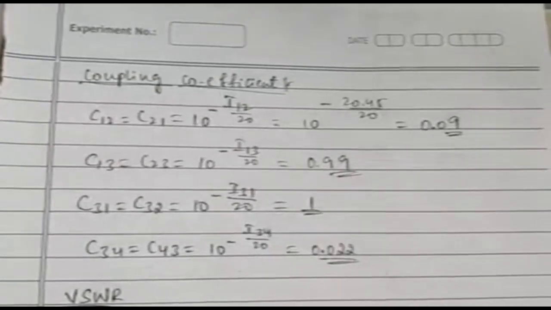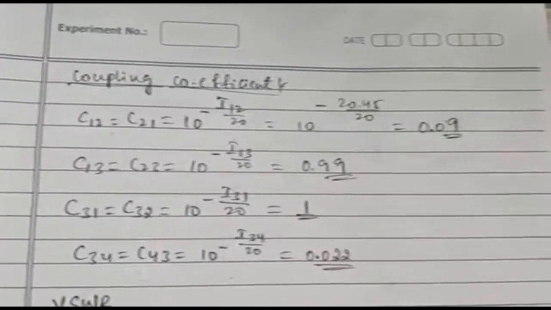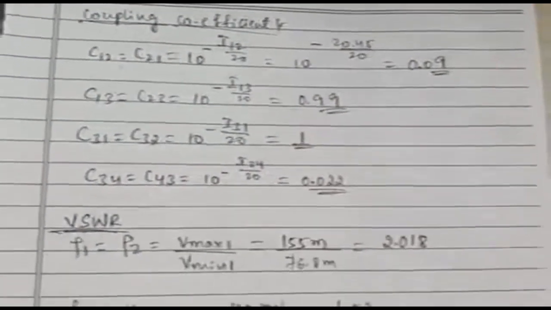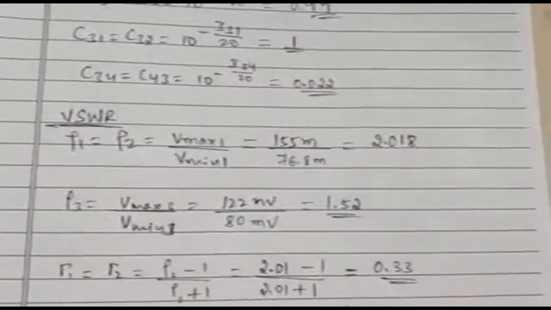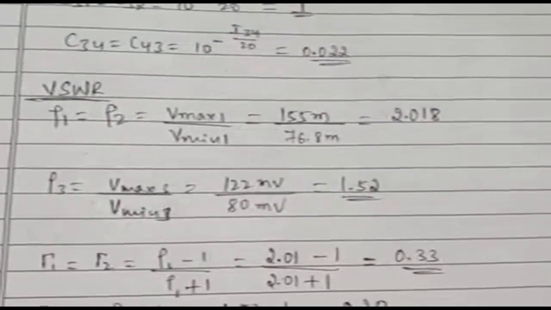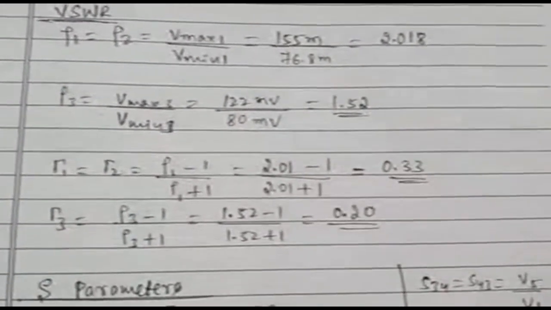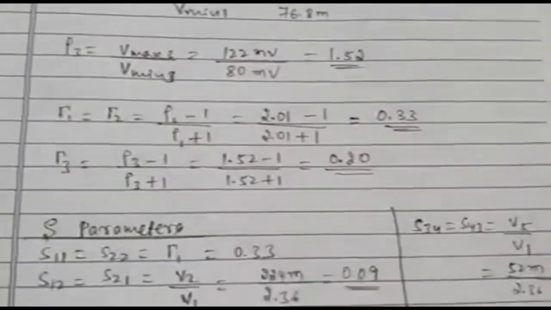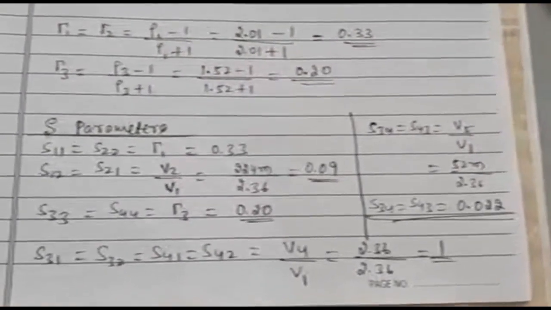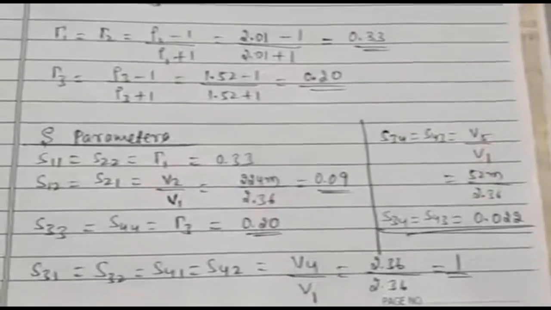Similarly, I have calculated the coupling coefficients and VSWR for port 1 as input and port 3 as input, and the corresponding reflection coefficients to find the S parameters. And these are the different S parameters of the Magic T.